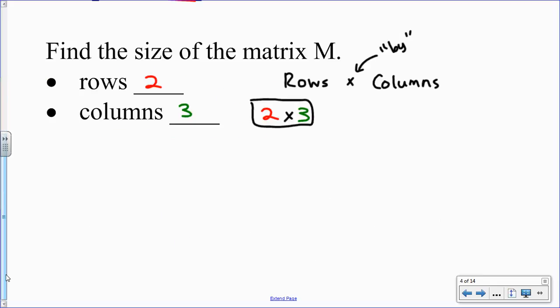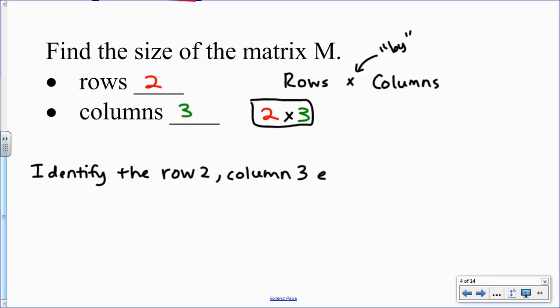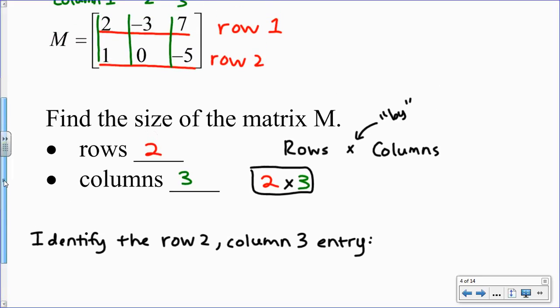We also can, if we need a specific entry in the matrix, name that. So let's identify the row 2, column 3 entry. Okay, so I'm looking at matrix M, and if I want a specific entry, then I'm going to use lowercase m because I'm going to take out just one entry out of that matrix.